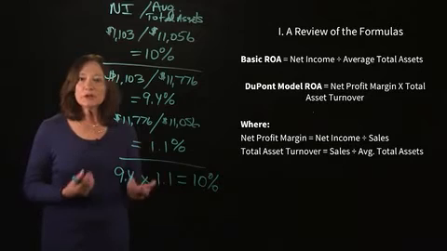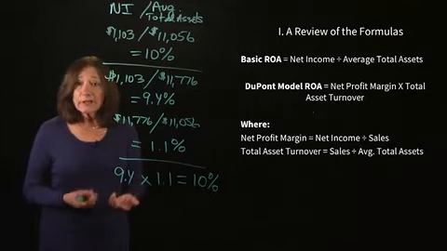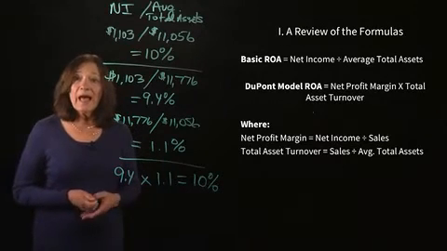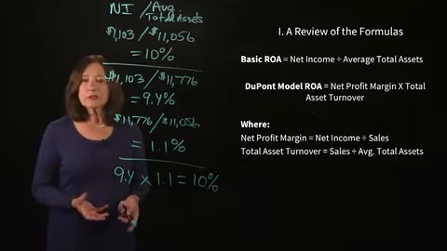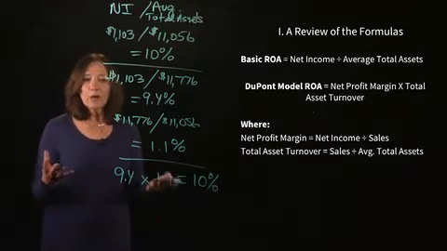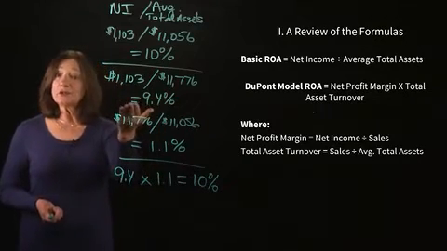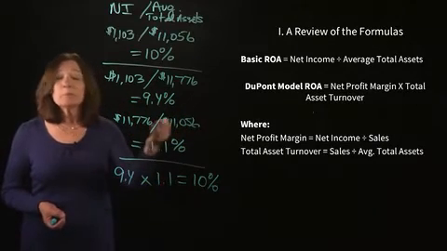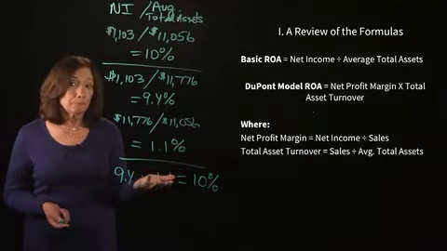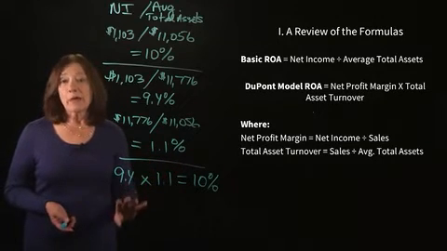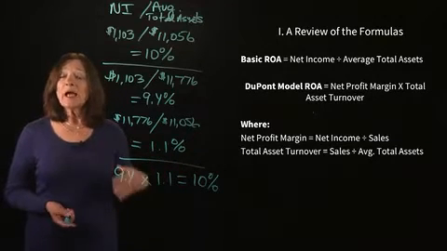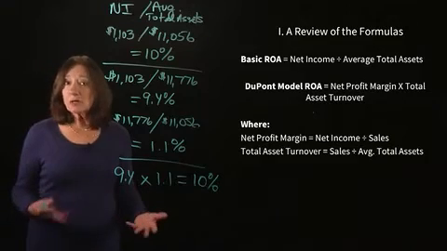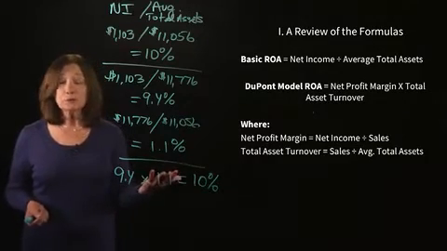So we can look at this and interpret it the way management would: how do we improve our return on assets? Now we can say, I need to improve either my net profit margin or my total asset turnover. This helps management figure out how they can better manage operations to improve return on assets.